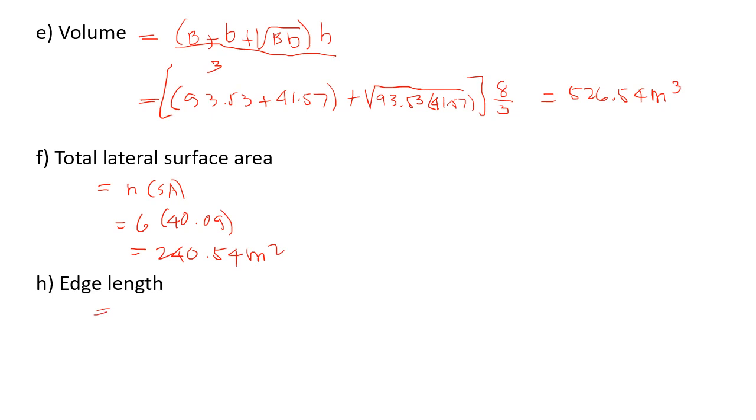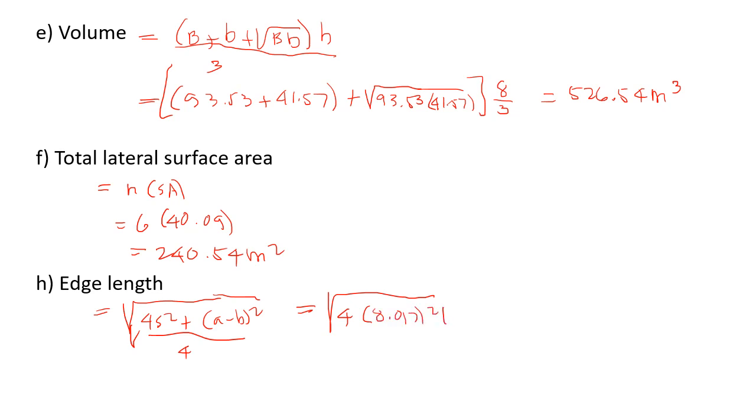The edge length equals the square root of h squared plus (a minus b) squared over 4, equivalent to the square root of 4 times 8.017 squared plus (6 minus 4) squared over 4, equivalent to the square root of 65.27, which equals 8.08 meters.